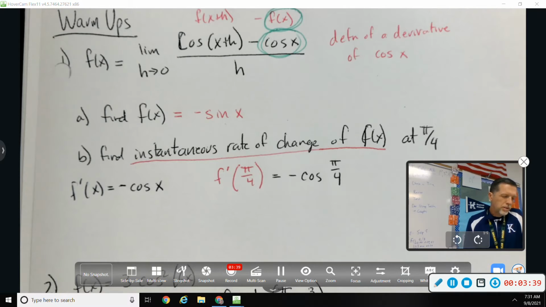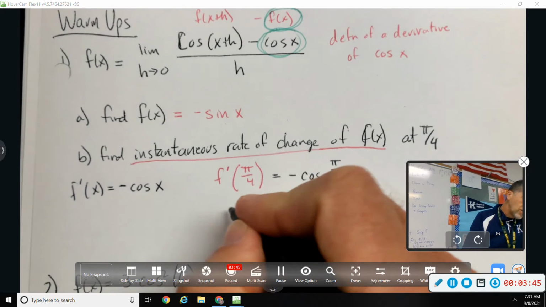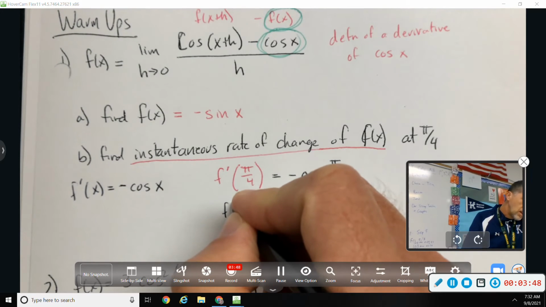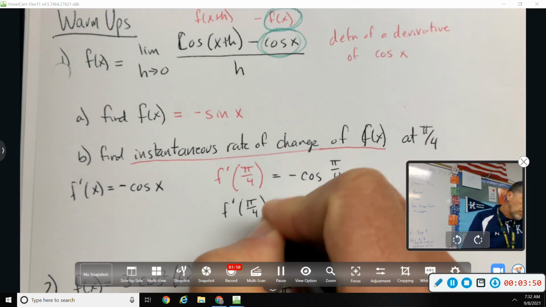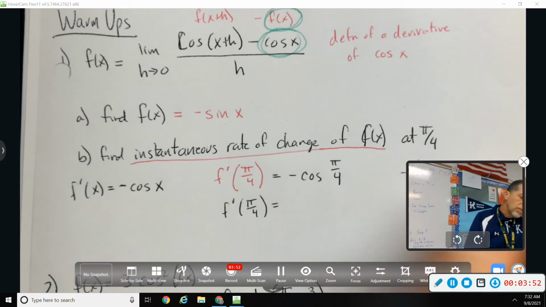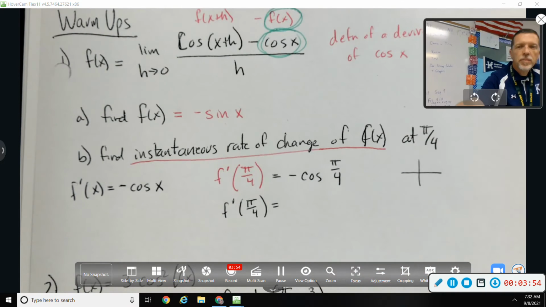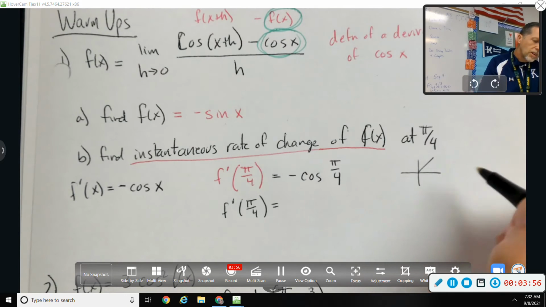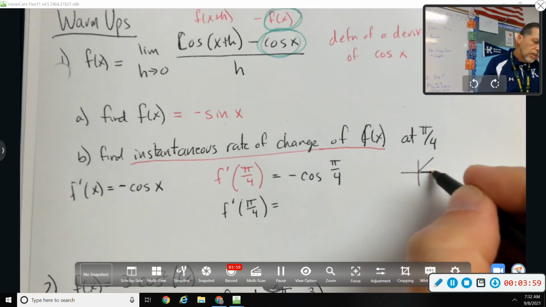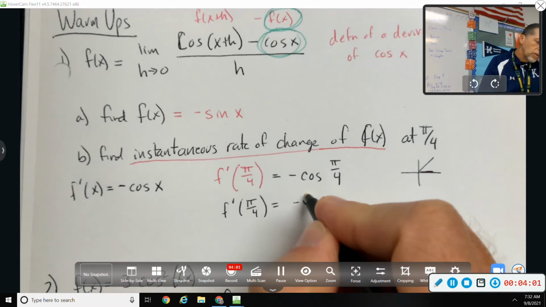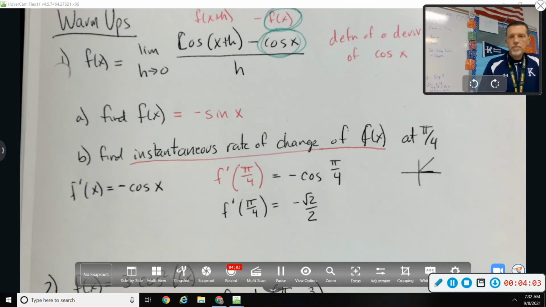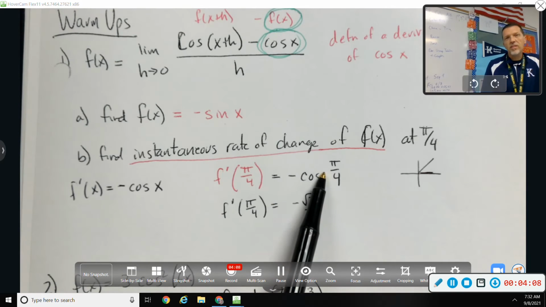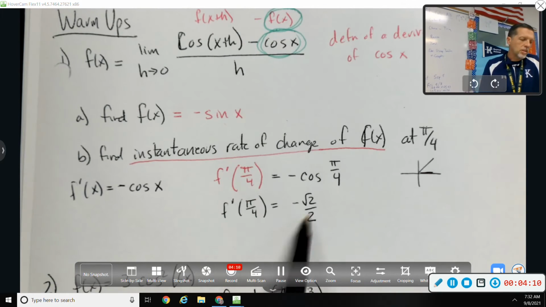I don't remember if this one is on the multiple choice or free response section, but if it's free response, you could be done. If it's multiple choice, we'd expect you to know what the cosine of pi over 4 is. Let's see, pi over 4 is right there. Cosine is the x-coordinate, so that would be root 2 over 2. But again, you could leave it like this if it's in the free response section. If it's in multiple choice, it's going to look like this one.